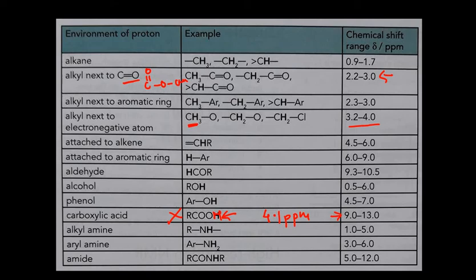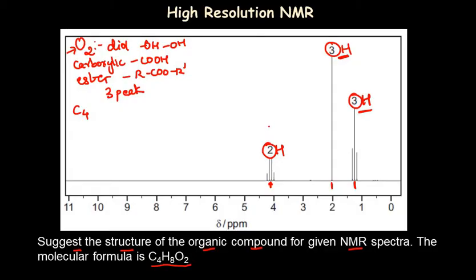Now let's study our spectrum. Yes, we have got 1 peak in the range of 3.2 to 4. So here is the possibility of a C or proton bonded to an O group. This confirms the possibility of the ester group. Now why would I say ester, not the diol?